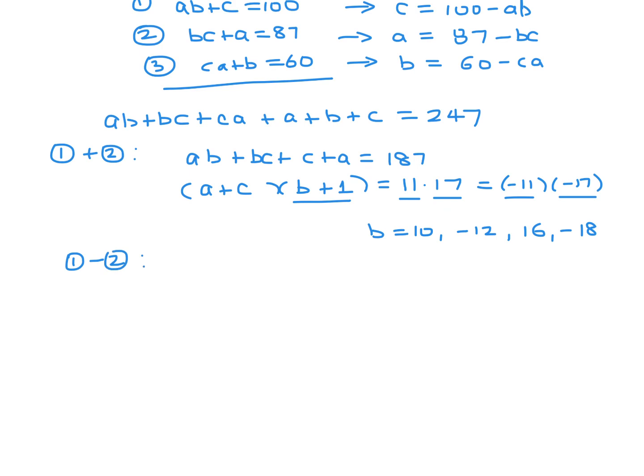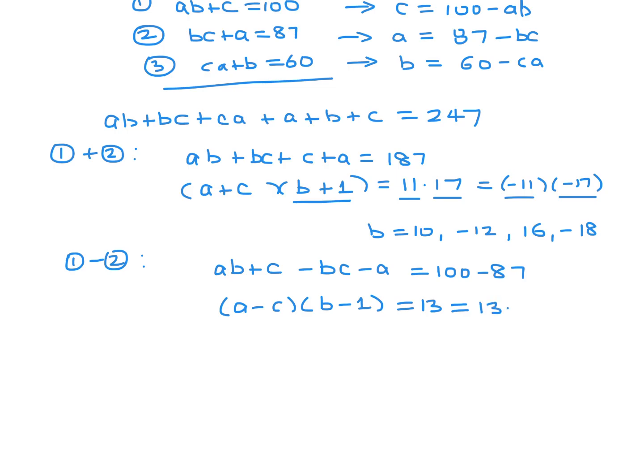If we subtract them, first minus second, that gives me ab plus c minus bc minus a, which is 100 minus 87. And that's going to be a minus c times b minus 1, which is 13, equal to 13 times 1, and then therefore this will be minus 13 times minus 1.